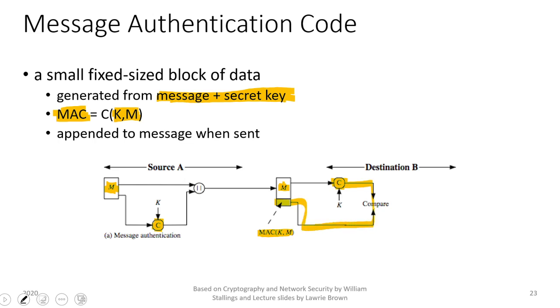So here, given that we are using a key, only the parties who have the key are able to generate the MAC, because one of the elements that is required to generate the MAC is the key. So only parties who have the key can generate the MAC. That in turn will ensure that only authenticated people, only approved people, are doing that.